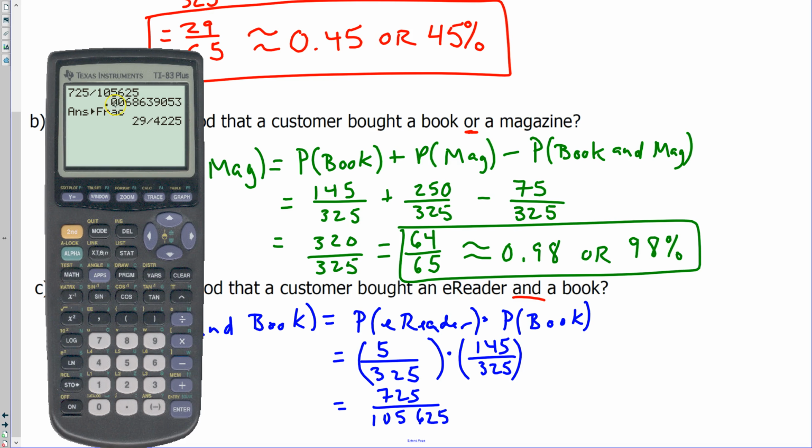Now here, if I go to 2 decimal places, we kind of run into trouble because they're both zeros. So in an instance like this, you may want to go a little bit further, maybe 3 decimal places, just so that we don't round up too much. So if I go to 3 decimal places, 0.007 would be kind of the better way to go. So it was 29 out of 4,225.